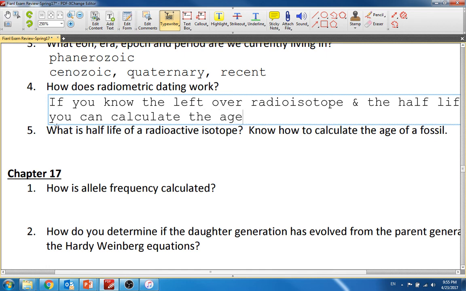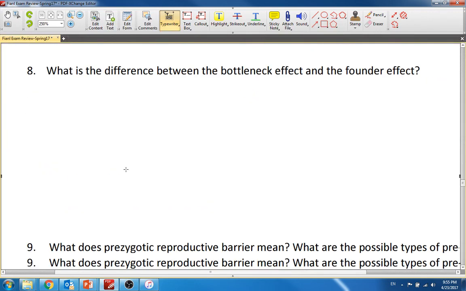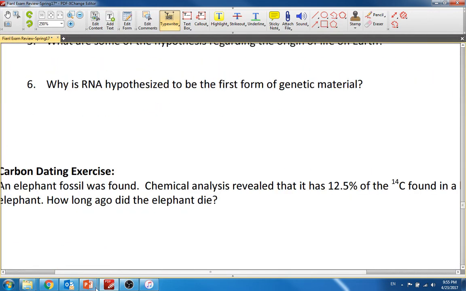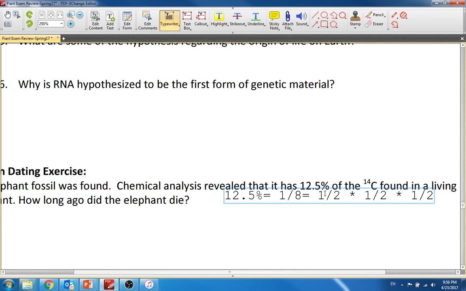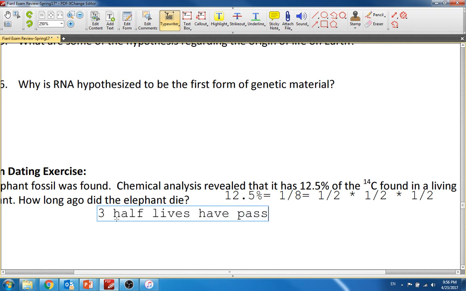For example, in this question, an elephant fossil was found. Chemical analysis revealed that it has 12.5%, which is basically 1/8, of the C14 found in a living elephant. How long ago did the elephant die? When scientists unearthed the elephant, only 1/8 of the C14 was left. 1/8 is 1/2 to the 3rd power, which means that 3 half-lives have passed since this elephant died.